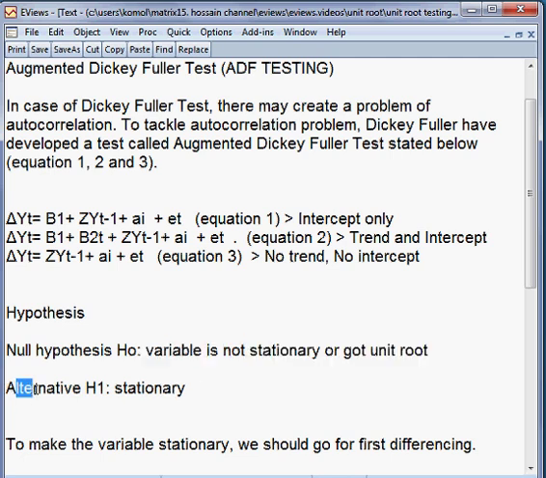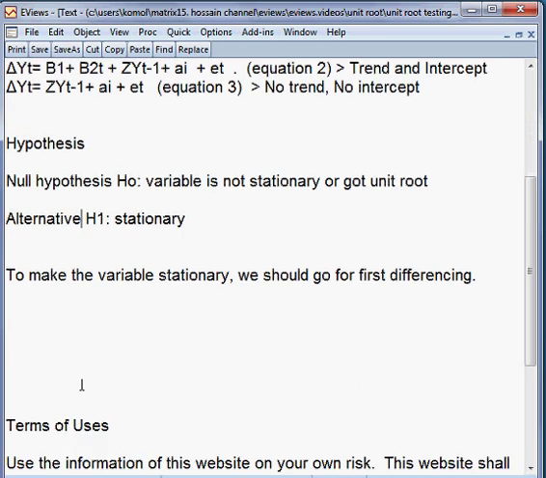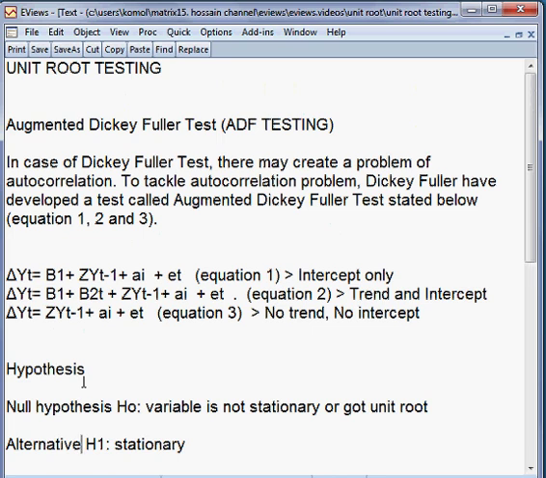And the alternative hypothesis is that the variable is stationary. So our three models, model 1, model 2 and model 3, must be satisfied to take a decision whether a particular variable has unit root or not.